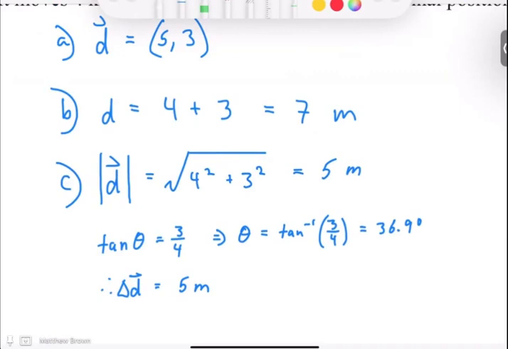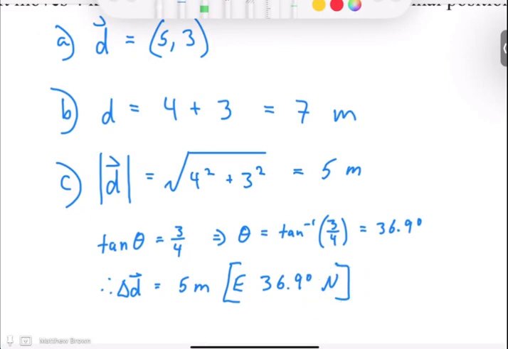I will say this is east 36.9 degrees north, and that's the way I would read this. When you look at a direction reported this way, the first letter is just the place you start, and then the angle tells you how far you go, and the second one is what you go toward.